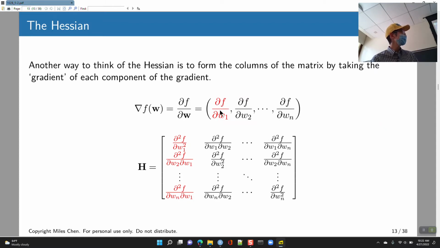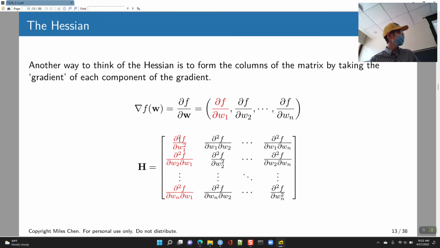I would get a vector of length n. It would be the partial of f with respect to w1 taken with another partial derivative with respect to w1 again. Then I would take the partial of this with respect to w2, then with respect to w3, and so on until I get the partial derivative with respect to wn.